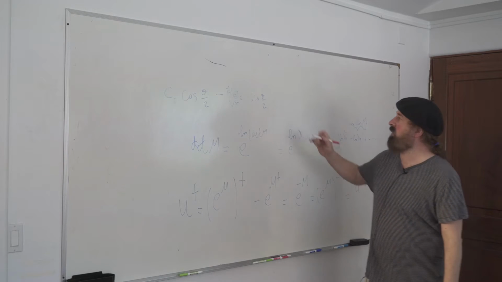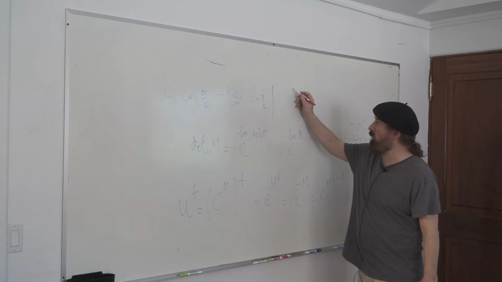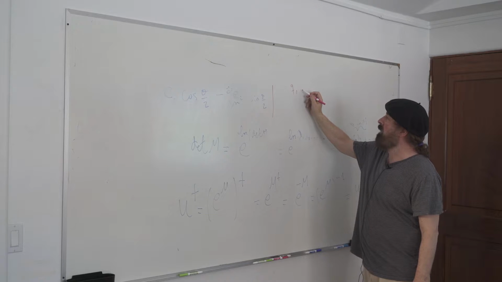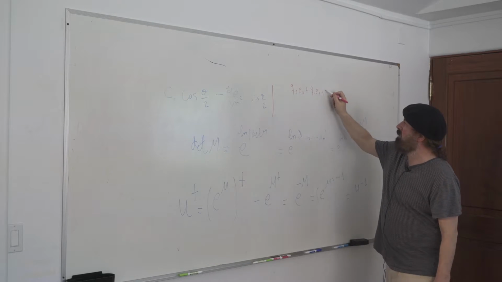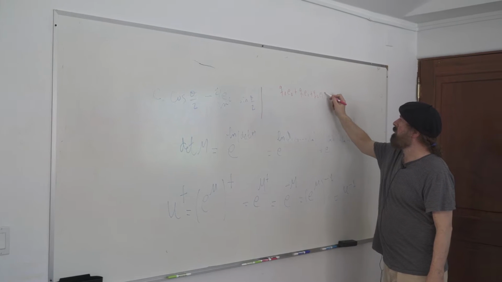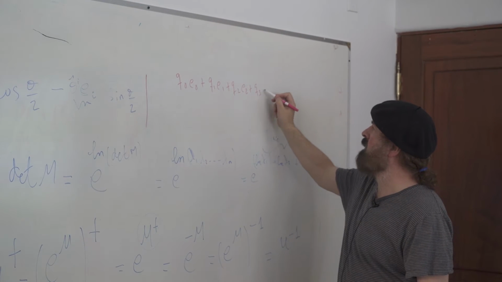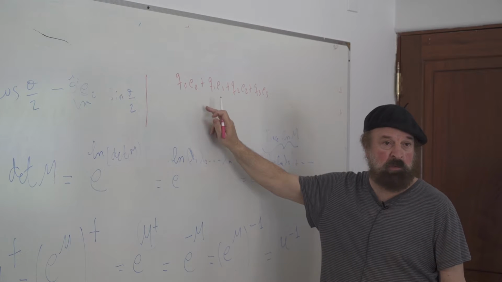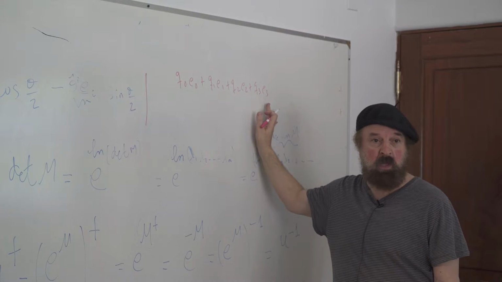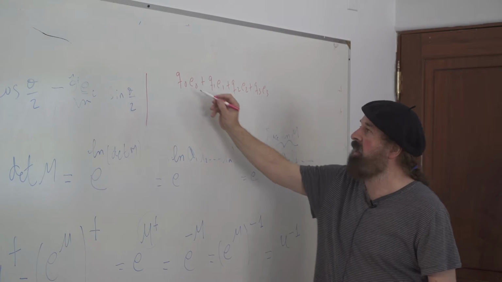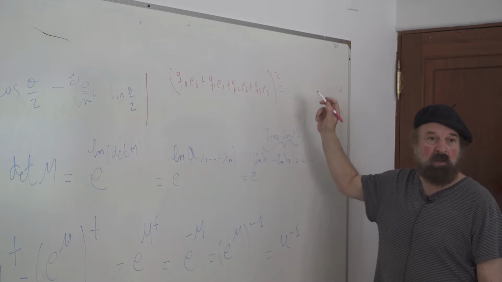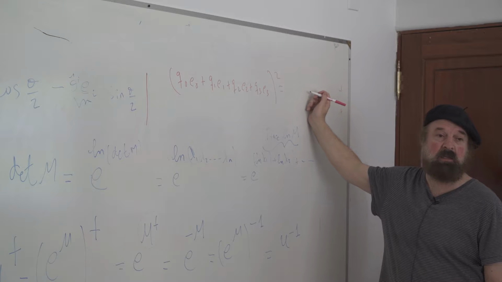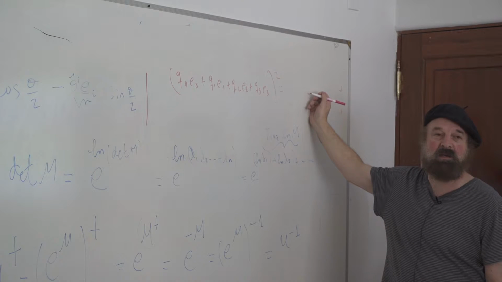If you write a quaternion like this, E0 plus Q2, and then you are squaring this, you're not taking the norm. You're not taking this times its complex conjugate. You're just squaring. Then of course, if this equals -1, okay.